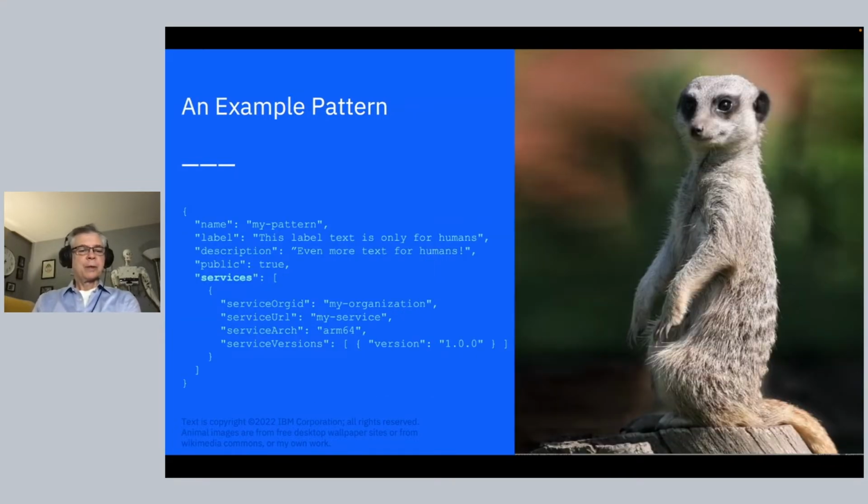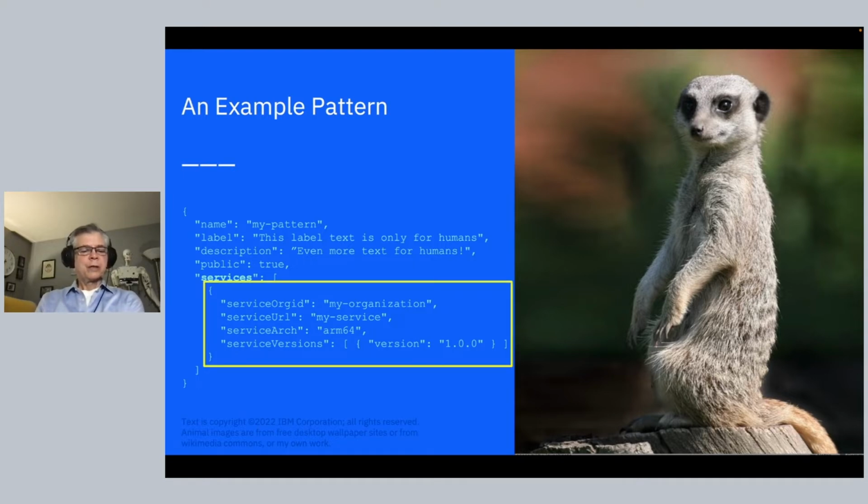And here's an example pattern. It's a JSON structure that specifies a list of services. You see the services I've put in bold there, and each service has a 4-tuple to identify it. Its organization, its URL. The URL is really just a unique name. It's called a URL for historical reasons, but it's just a name. And architecture.